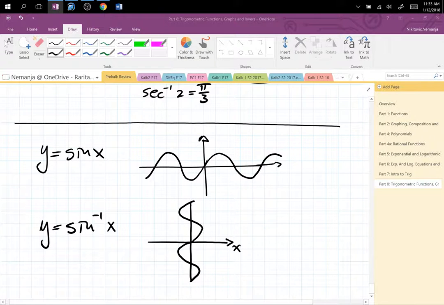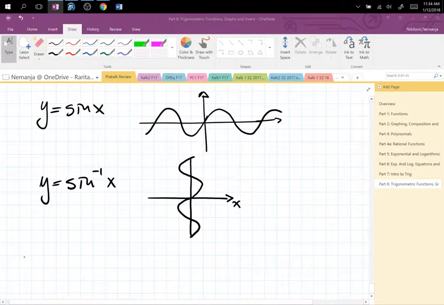The way to fix this, and we did this with the x squared graph, was to cut out the domain in such a way that whatever is left passes the horizontal line test, therefore would pass the vertical line test on the inverse side, and the inverse will be a function and therefore usable in calculus.